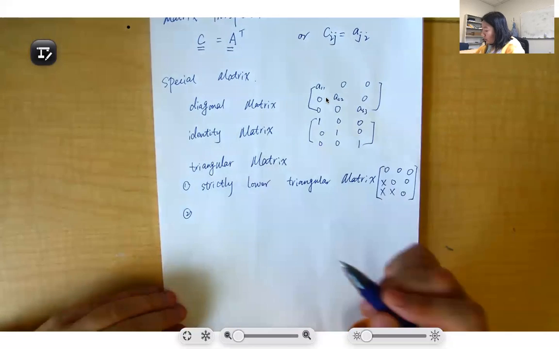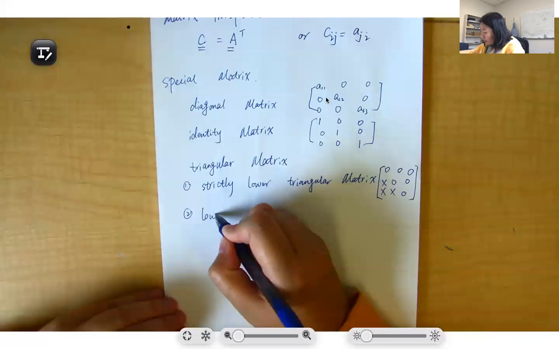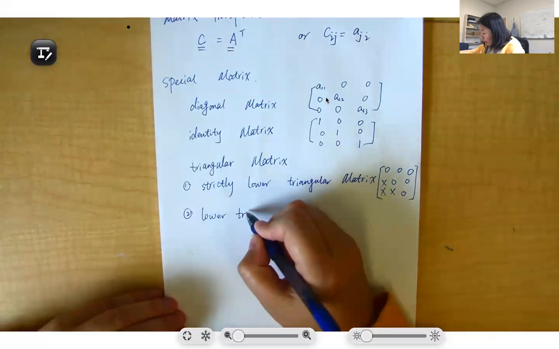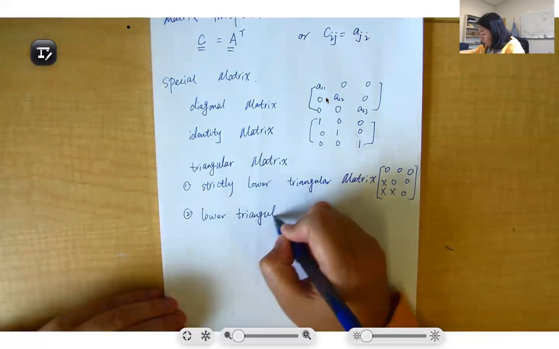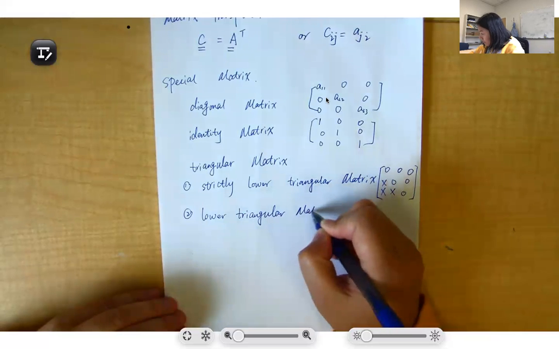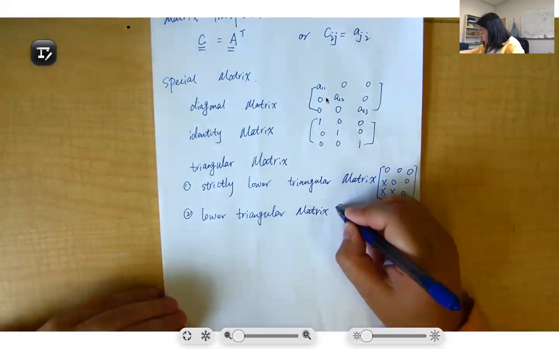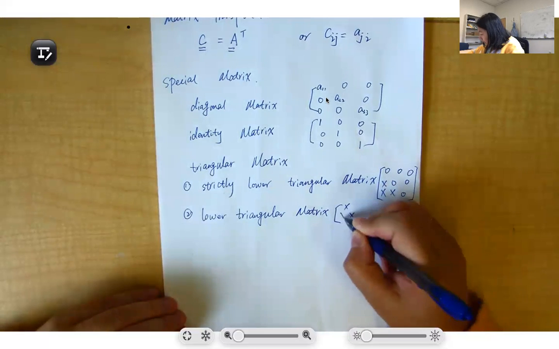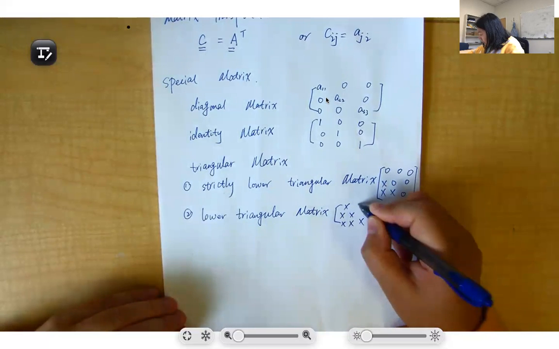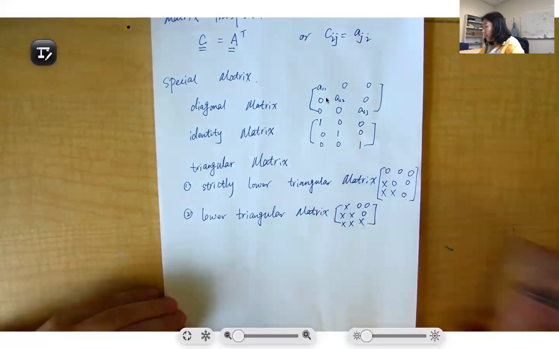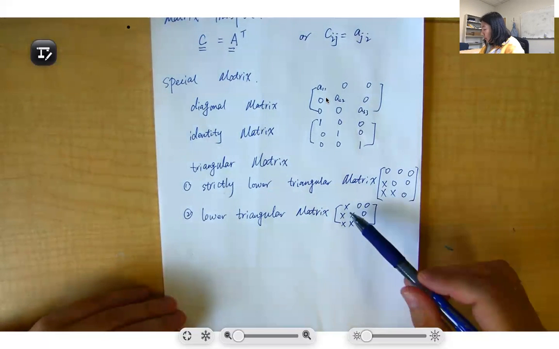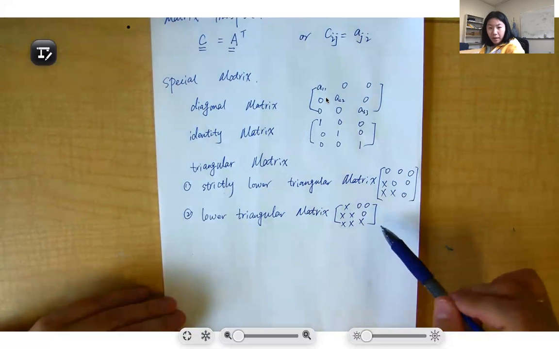There is also a slightly different one, just called lower triangular matrix. Without that strictly word, then you can write as here. Okay. So even the diagonal part can have some numbers.